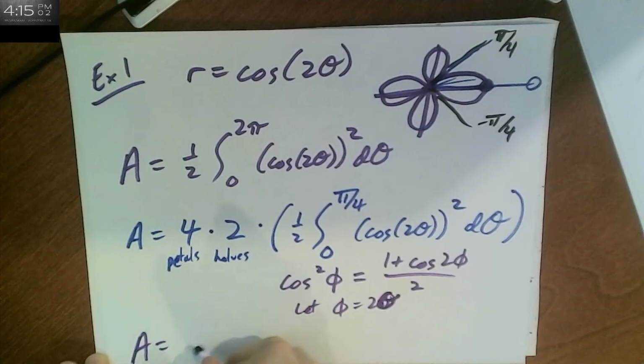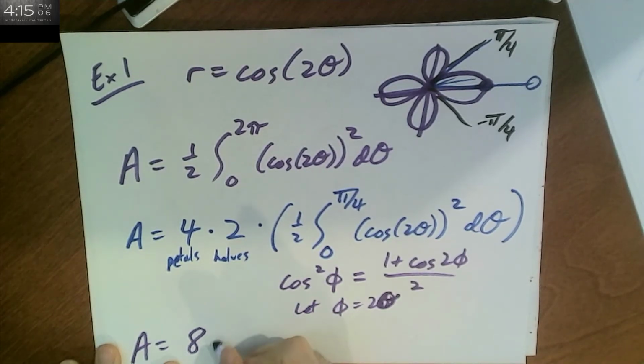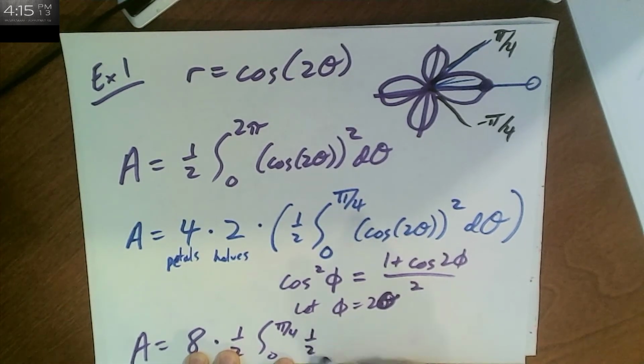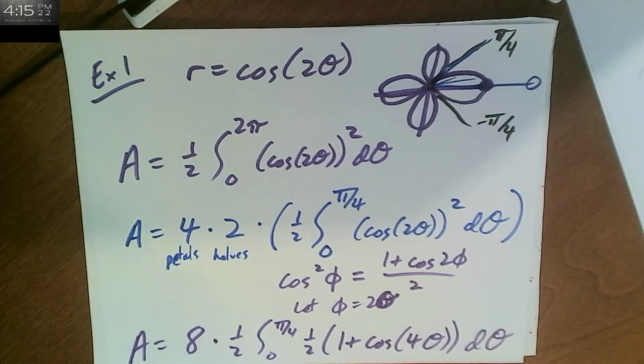So my area is 8 times 1/2 times the integral from 0 to pi over 4 times, I have another 1/2, 1 plus cosine of 4 theta, d theta. And that is an integral that you can do now.